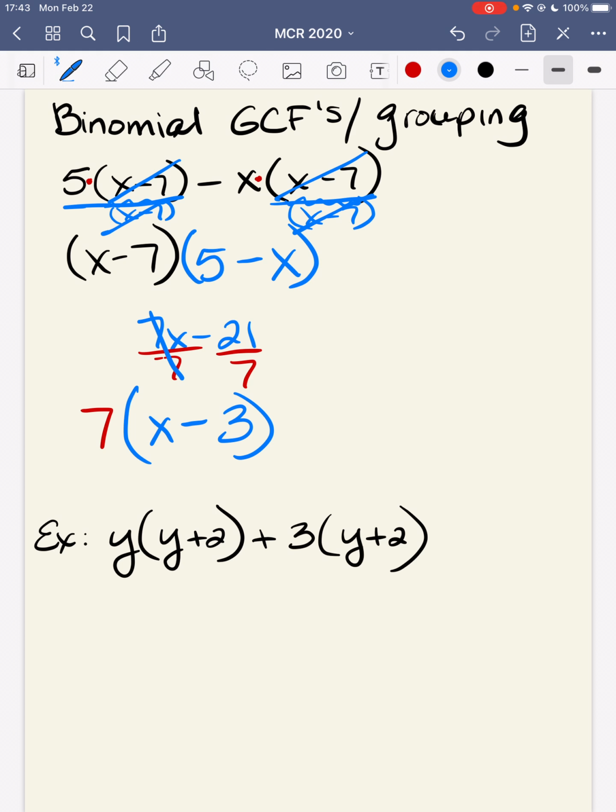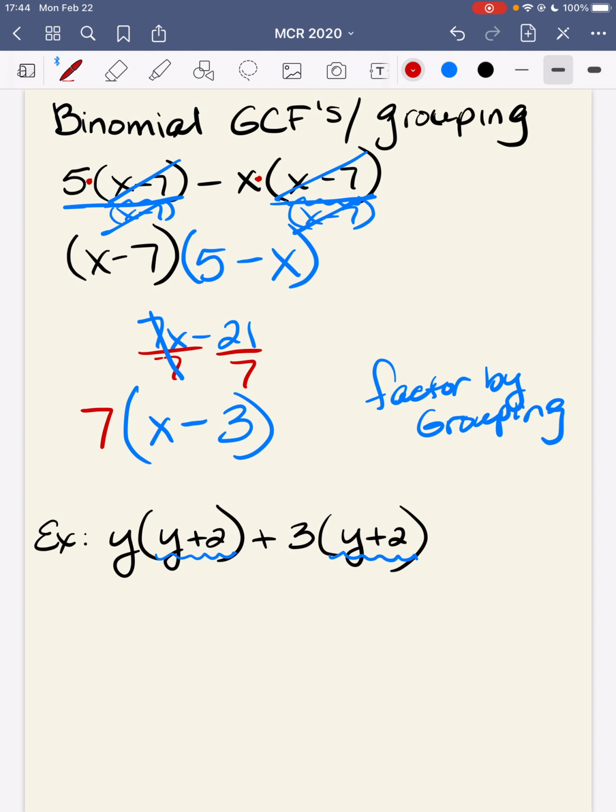All right, let's look at another one real quick. This is really important because this is going to be the basis of our factoring by grouping, sometimes known as the GCF method. In factoring by grouping, one of the last few steps you have is to make sure that you have a binomial GCF, which we do here.